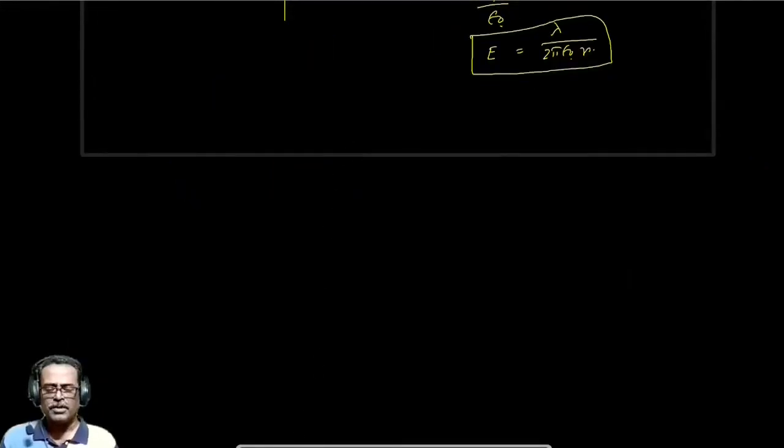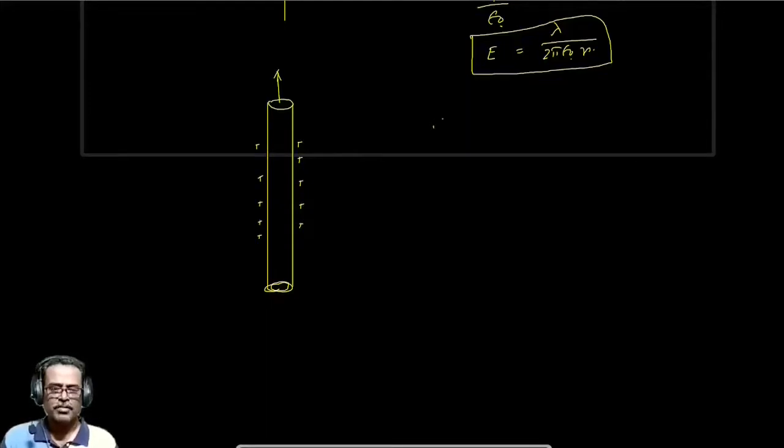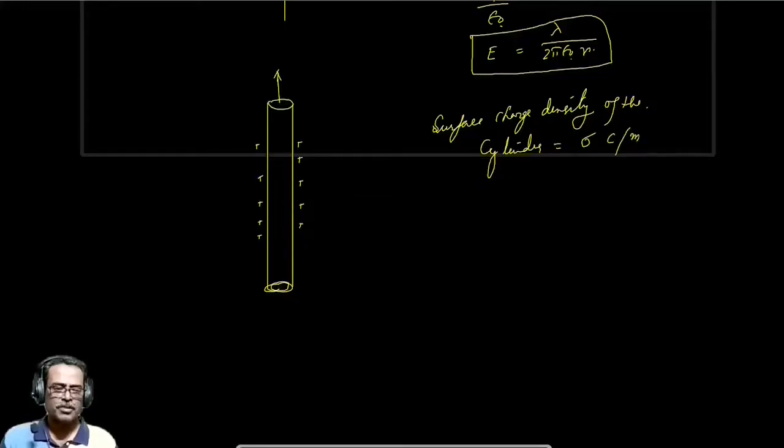Now, if you consider a long charged cylinder, with surface charge density of the cylinder sigma coulomb per meter square.